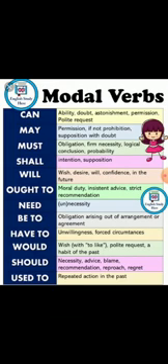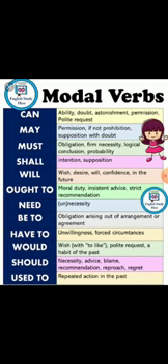May is used for permission, prohibition, supposition with doubt. Must is for obligation, firm necessity, logical conclusion, probability. These you all have to remember so that you can make a sentence properly.